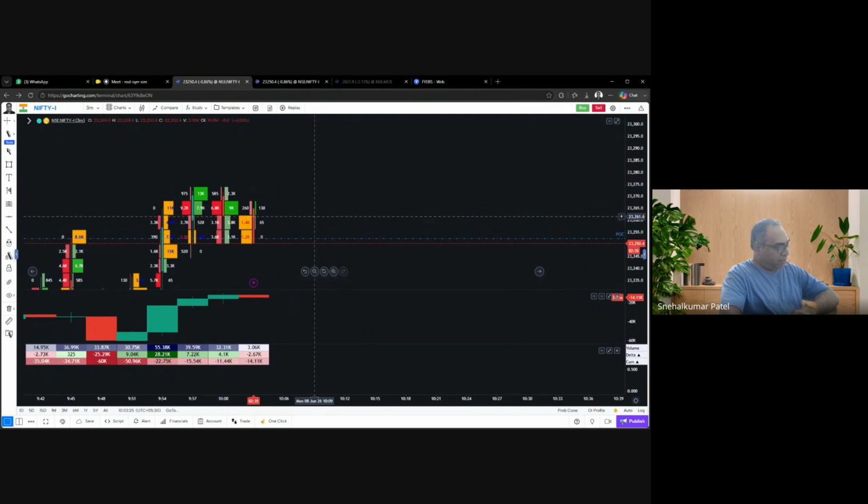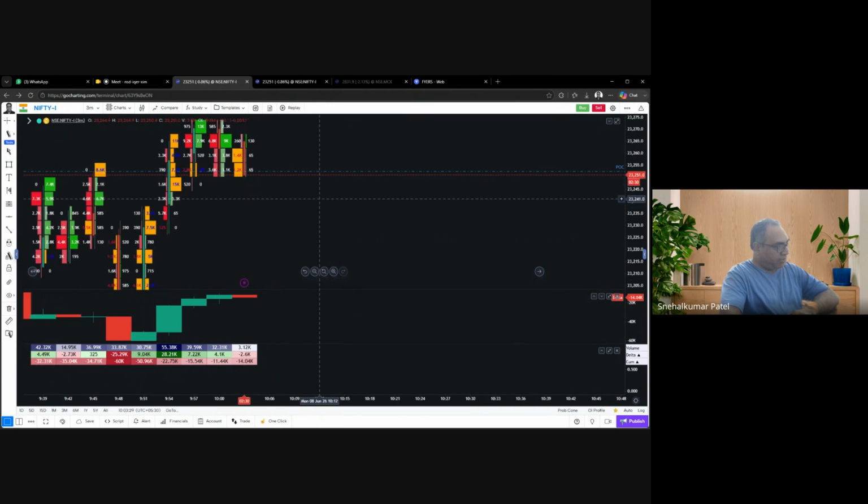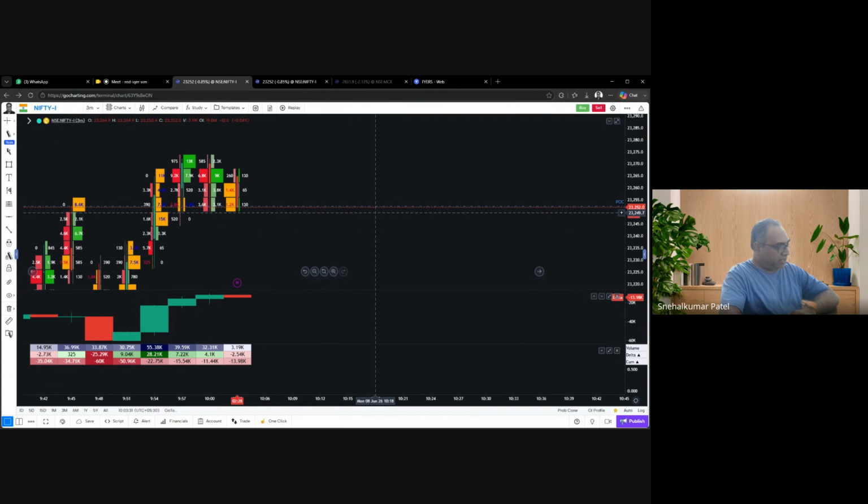If it goes below this level, then we will be kind of in trouble. You can see there are two sell side imbalances. The price is trying to go down below this level. The buyers should jump in now. If they want to sustain, they should jump in now.